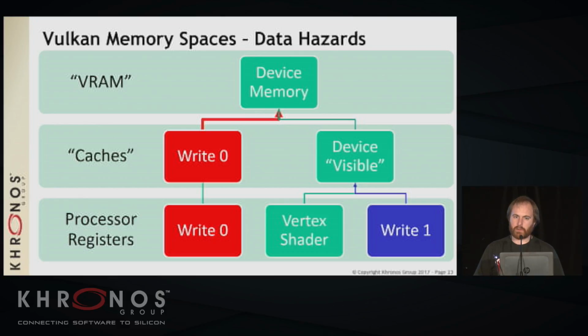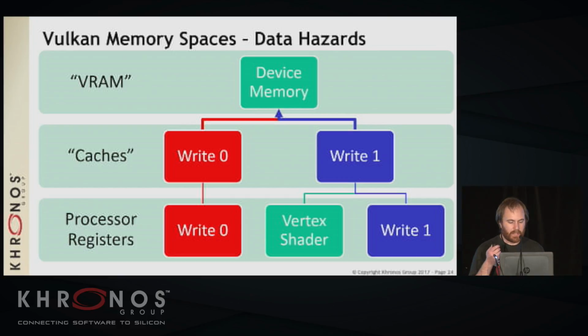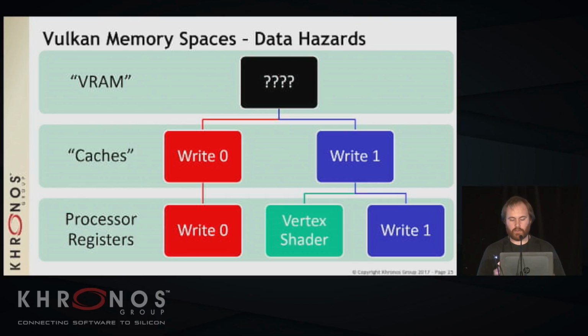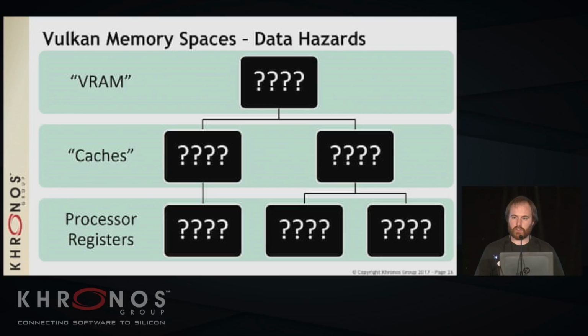So I've written in the fragment shader, and I haven't done any synchronization, but it's propagated to the cache. Now, there's a contention here. If I haven't put any synchronization down, there's nothing to guarantee whether write 1 or write 0 will hit that device memory first, and you end up with an undefined value. And what's worse, because anything can propagate at any time, and that counts as a new write, it basically means it's undefined everywhere as soon as you've done that. It's possible to correct this if you do manage to trip up on it, but realistically, you shouldn't be writing an app that could ever get into this state anyway.